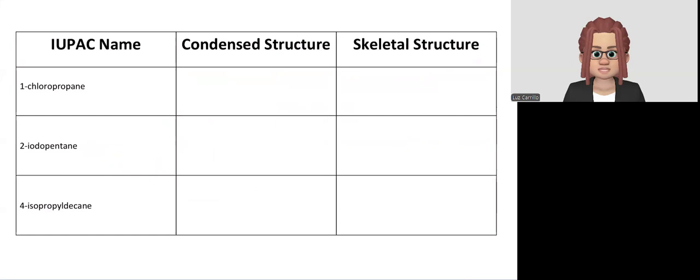I'm going to use as an example the very first systematic name, in other words, the IUPAC name that we have as an example. Here we have 1-chloropropane as the structure that I need to draw.